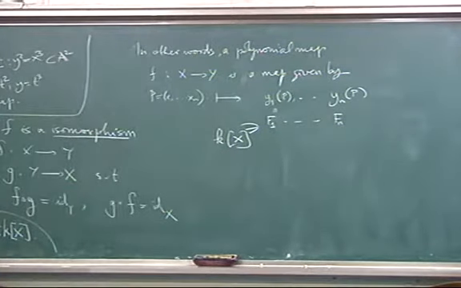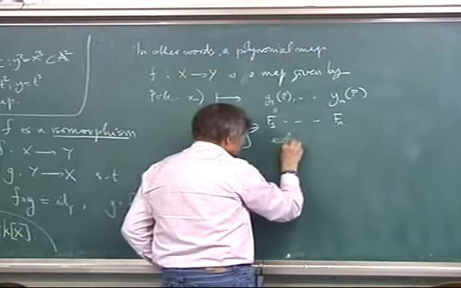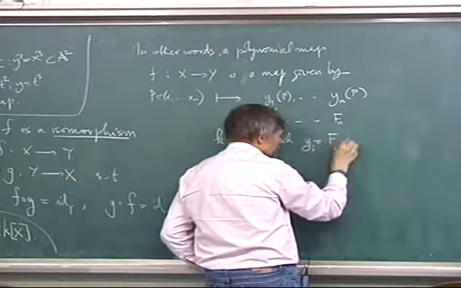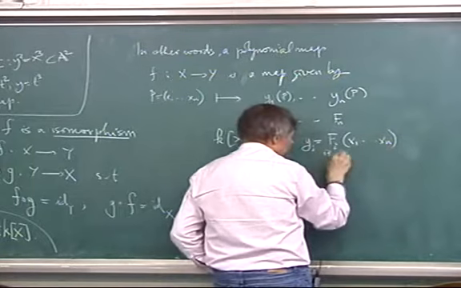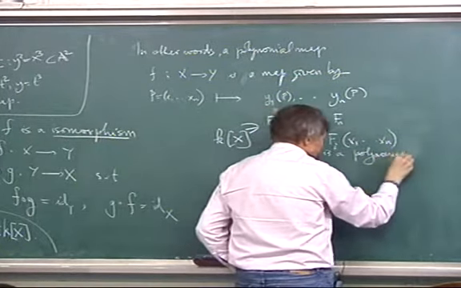And so that means there are restrictions. So each yi = fi(x1, ..., xn) is a polynomial. Right.